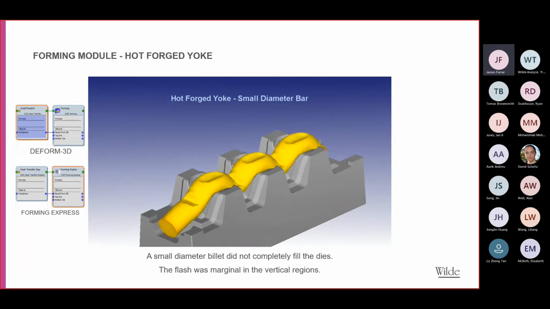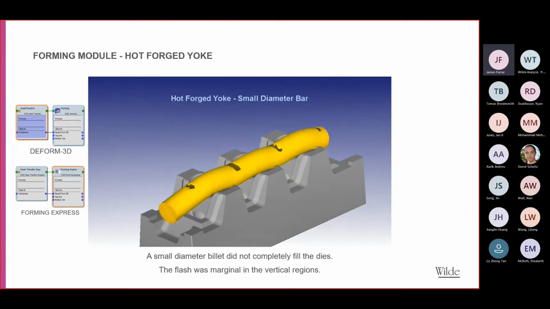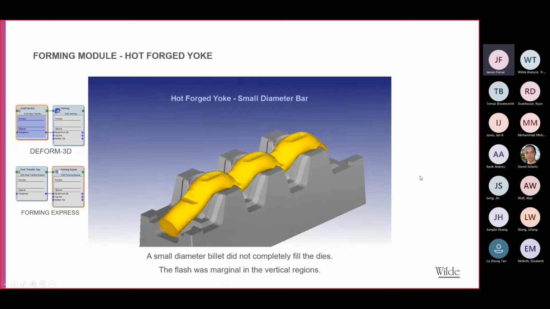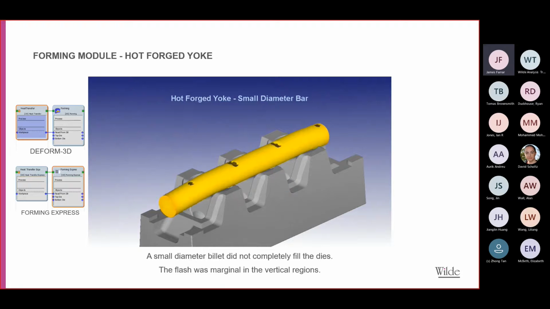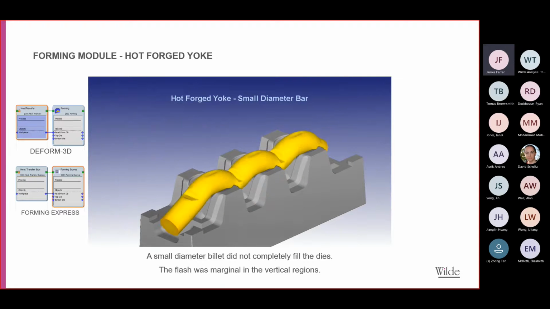If you go to a smaller diameter bar, then we get quite good fill, but the flash is marginal on the vertical parts, and the fill on the middle component is not ideal. So when you start looking at some tolerancing on the bar size coming in, you might get some scrap rates out of that.